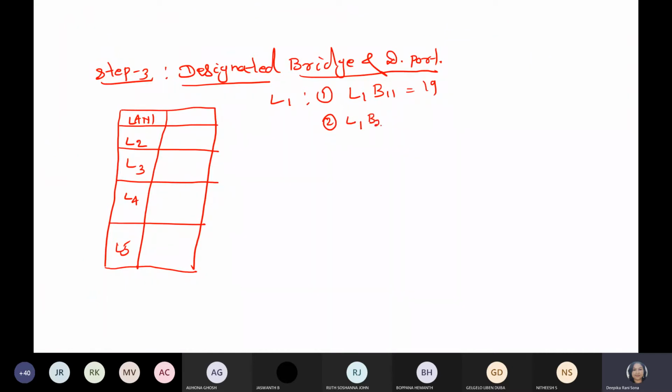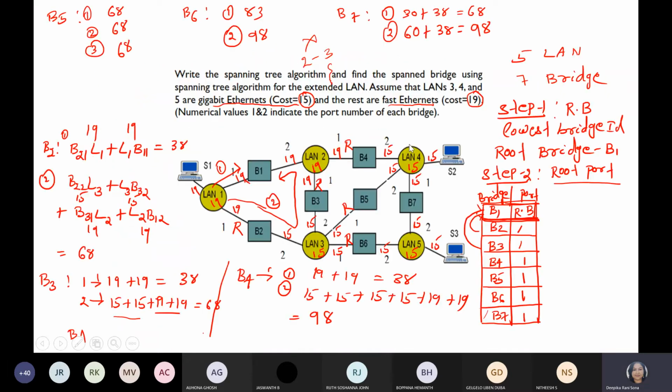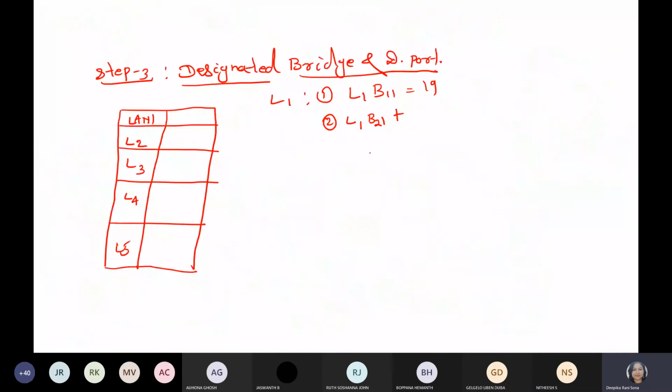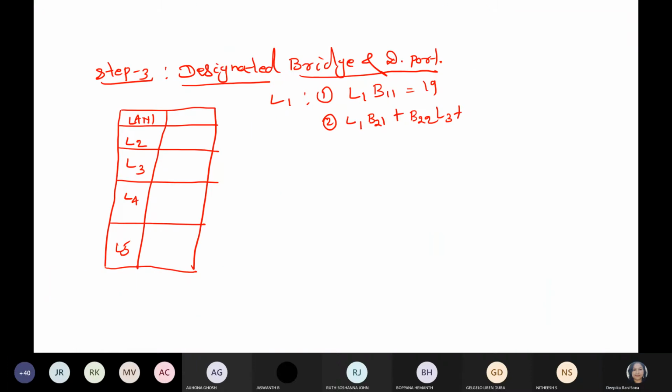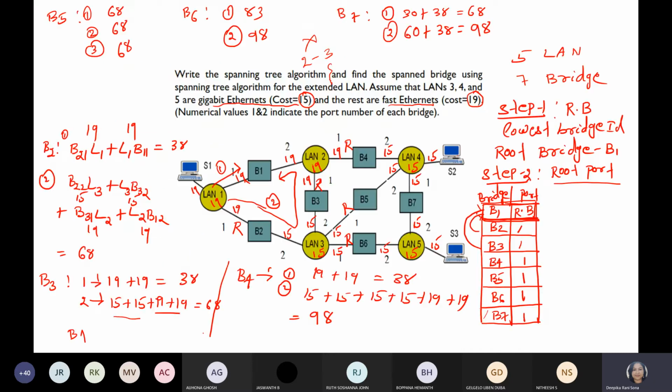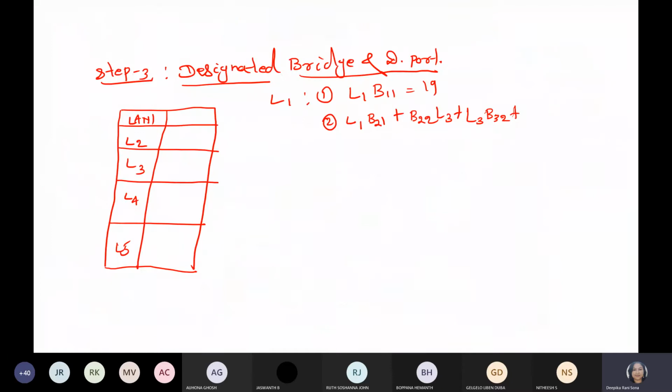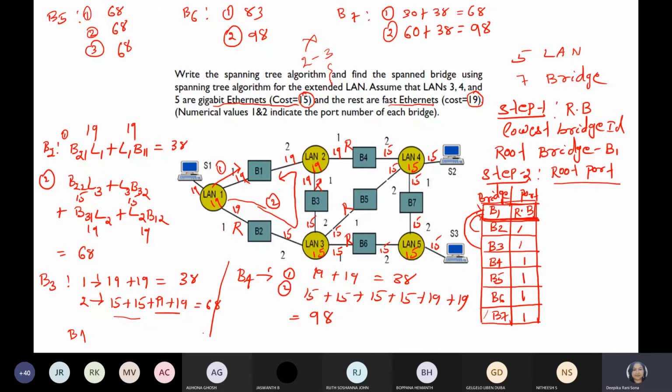LAN 1 B21, then B22 LAN 3, then LAN 3 B32, plus B31 LAN 2, then LAN 2 B12.